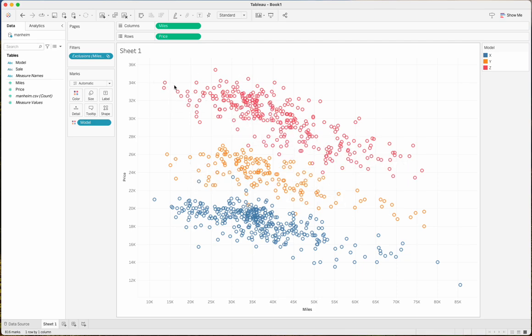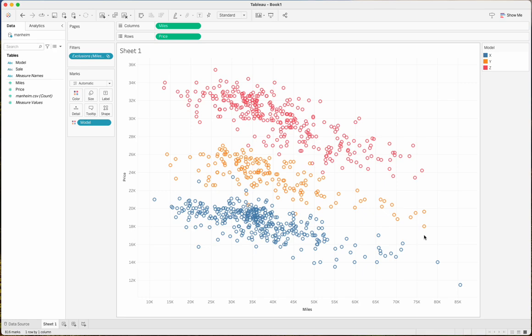Although Z model cars might be more premium cars, fetching more value, the same relationship exists across all three: as the mileage on the car increases, the price of the car goes down. Now, the question we might ask at this point is, how much does the price of a car go down for every mile that is put on the car?